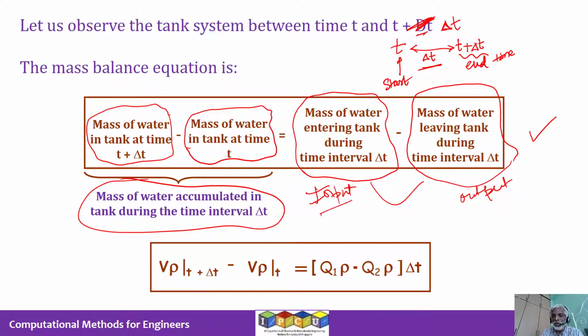So if the input water was more than the output amount of water during this time interval delta t, the mass of water in the tank would have increased. So there would have been accumulation. But if, let's say, during this time interval delta t, the output stream was bigger than the input stream, then the right hand side will be negative, which means the mass of water accumulated in the tank during the time interval delta t will be negative.